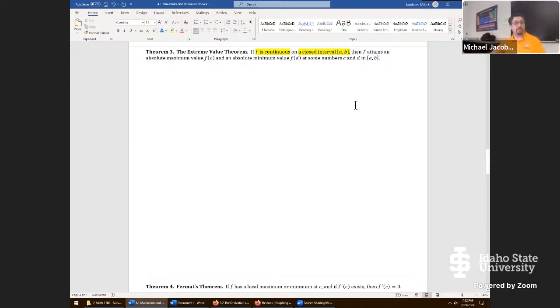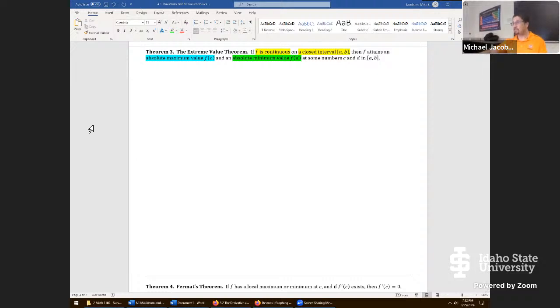There's no mathematical way to avoid this. f will attain an absolute maximum, and it will attain an absolute minimum somewhere, for some numbers c and d in that closed interval from a to b.